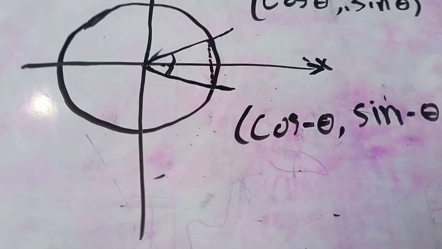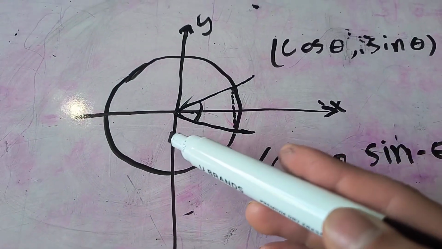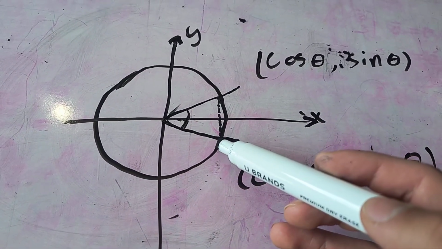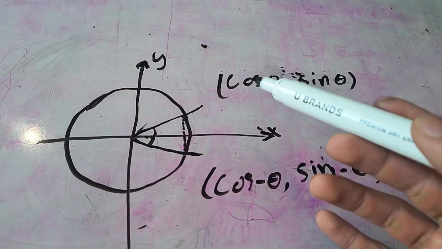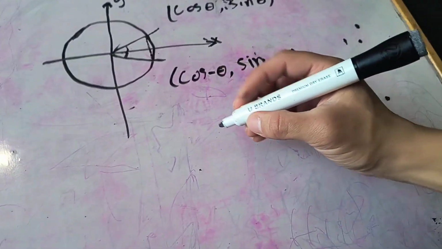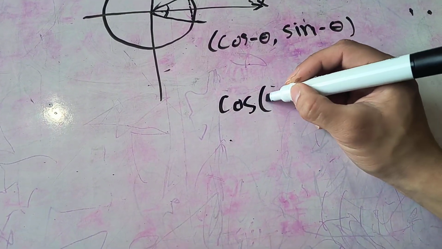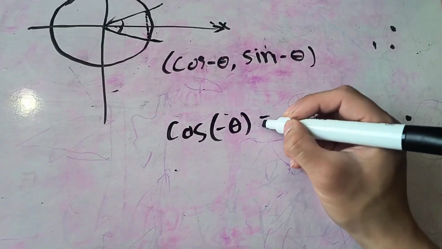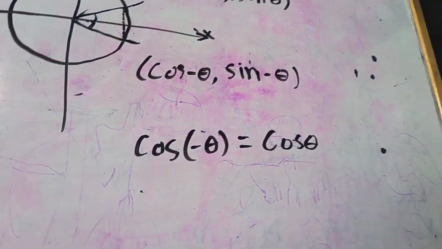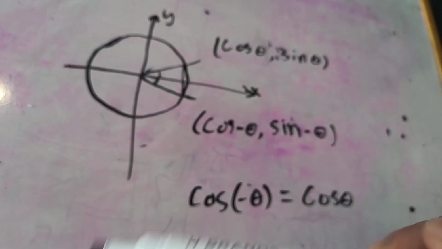Well, you want to know something interesting is that the x hasn't changed. It's still going to be the same exact x. So the cosines are equal to each other, which means the cosine of negative theta is equal to cosine of theta. They're exactly the same. That's interesting.